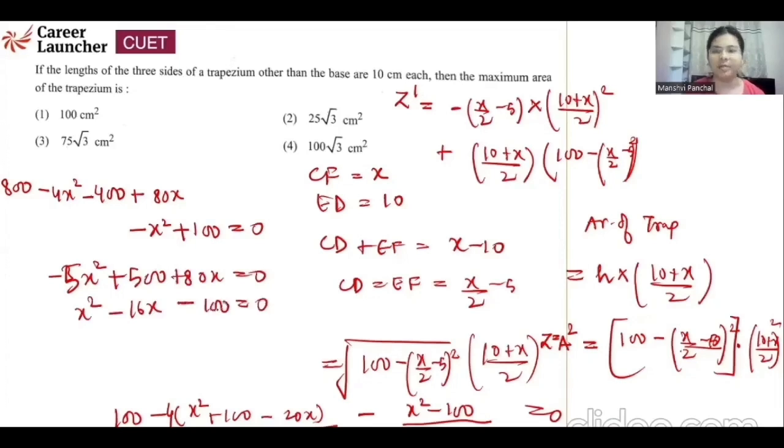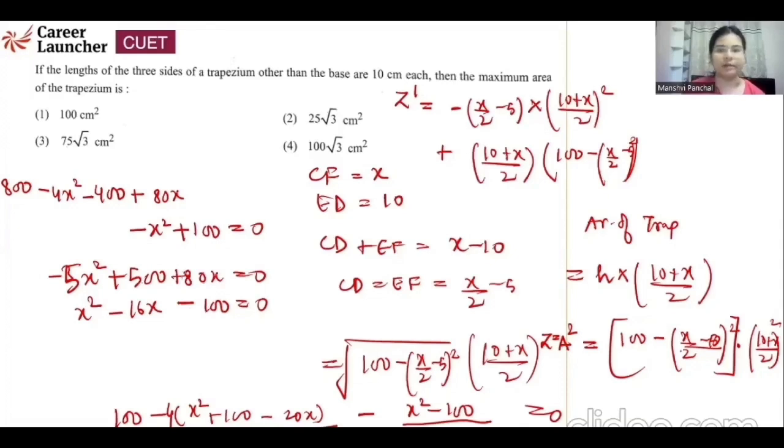Now 100 can be 20 into 5. What else? If I want to break it up, it is 10 into 10, 5 into 20. Can I break it up further? So this will come to 16 only.